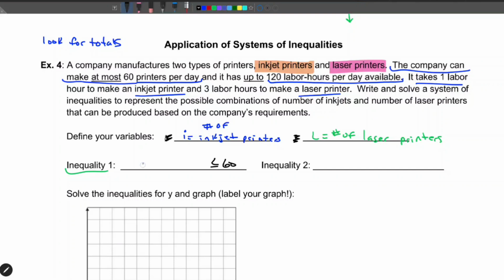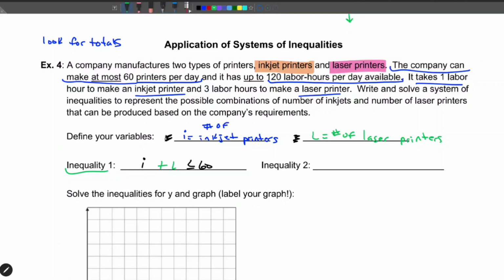So I is the number of inkjet printers, and L is the number of laser printers, so I plus L has to be less than or equal to 60. That's the total number of printers we can make a day.